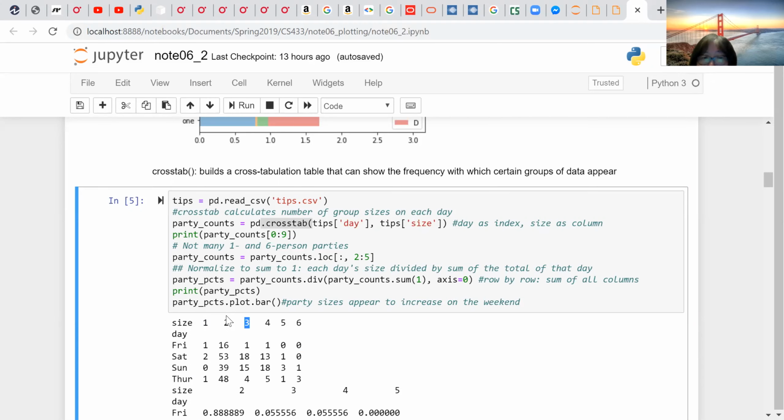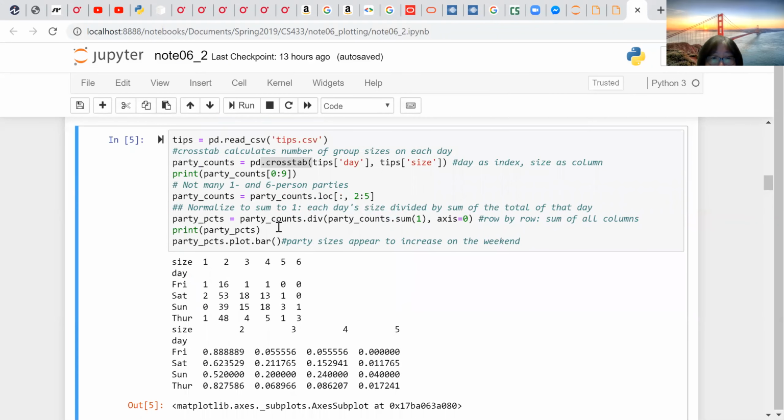The crosstab result is not data originally from the CSV file. It already did the grouping by the size of the group and also by the day. So that's what the crosstab function does. It returns the frequency for whatever groups you want. Okay, so that's this part.